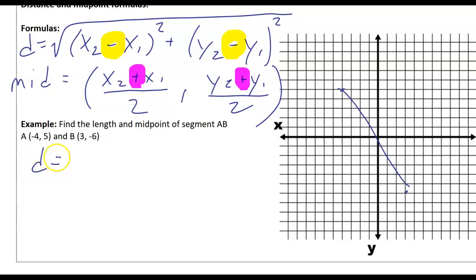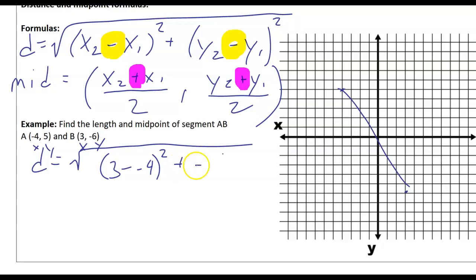Distance would look like this. Right, so we have x, y. An interesting thing about this is the order doesn't actually matter. I could switch these around and I would get the same result. So it would be 3 minus negative 4 squared plus negative 6 minus 5 squared.